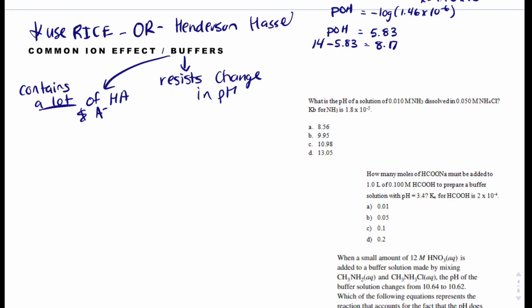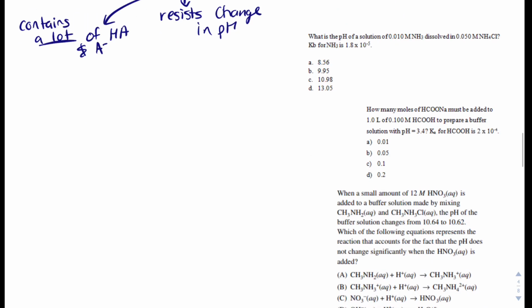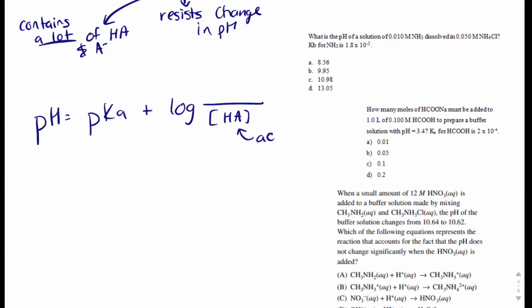This will be fun for me to spell because I probably ruined it, but that's what I'm going to call it. The Henderson-Hasselbalch equation says that the pH is equal to the pKa plus the log of your conjugate base over your acid. So anything with an H is going to be the acid in the denominator, and its conjugate, A minus, specifically the conjugate base, goes in the numerator.